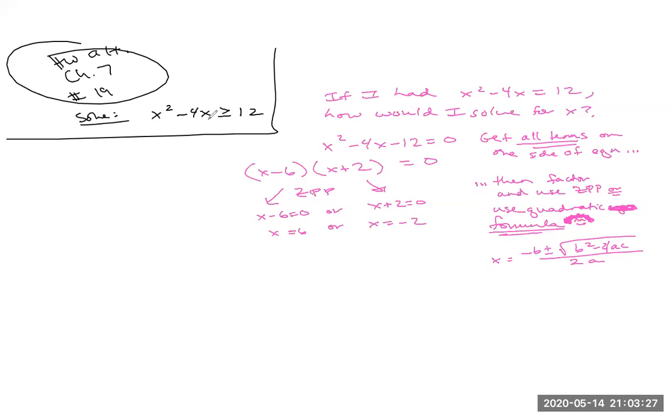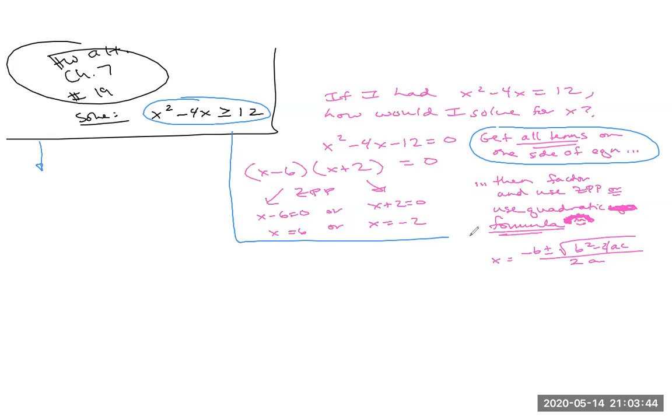Now, essentially, for our inequality up here, we're going to start the process the same way. We're going to get all the terms on one side of the inequality. Okay, so x squared minus 4x minus 12 greater than or equal to 0. And then if we can, we're going to factor.